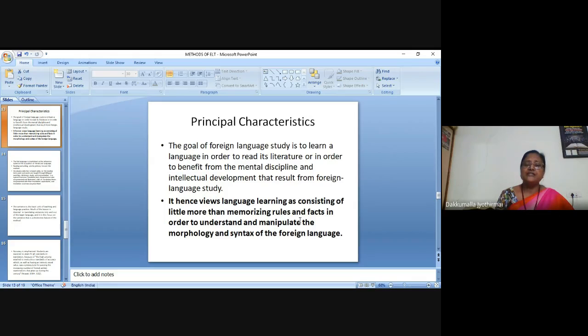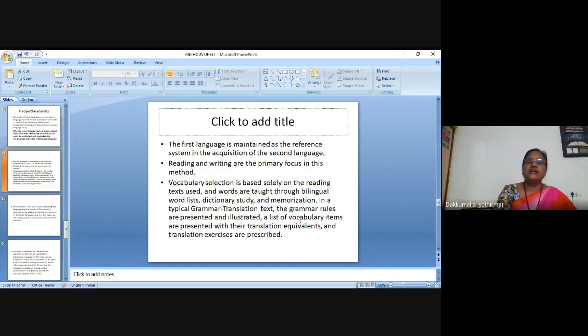And then the next characteristic of this method is that the first language is maintained as the reference system in the acquisition of the second language.